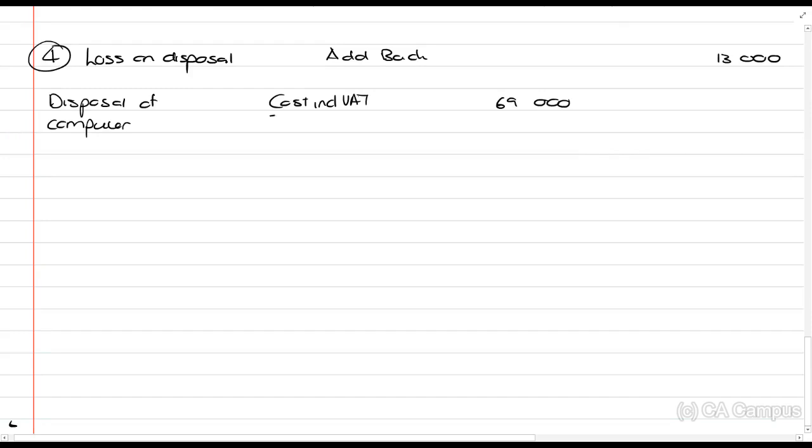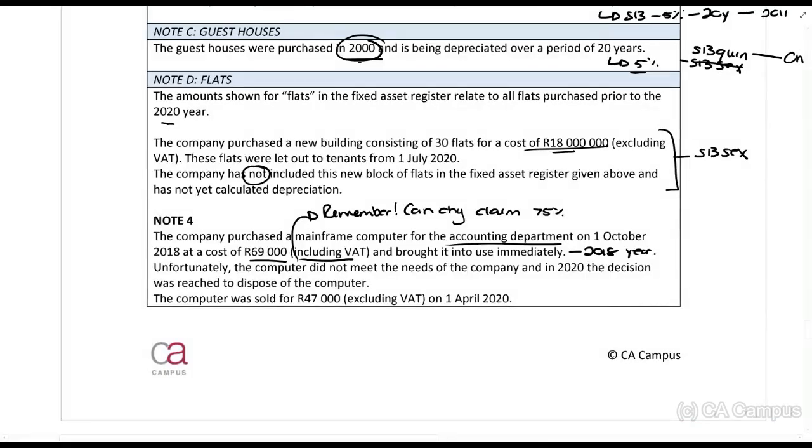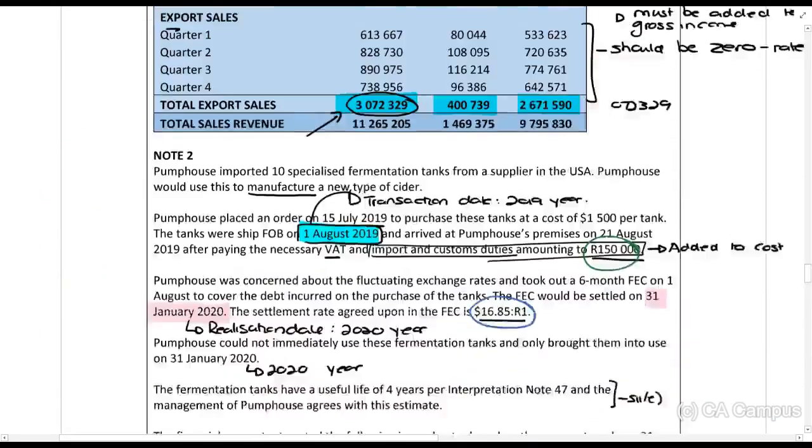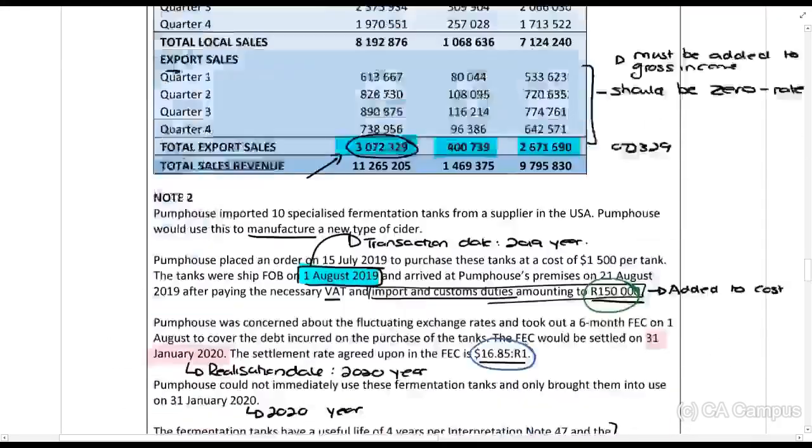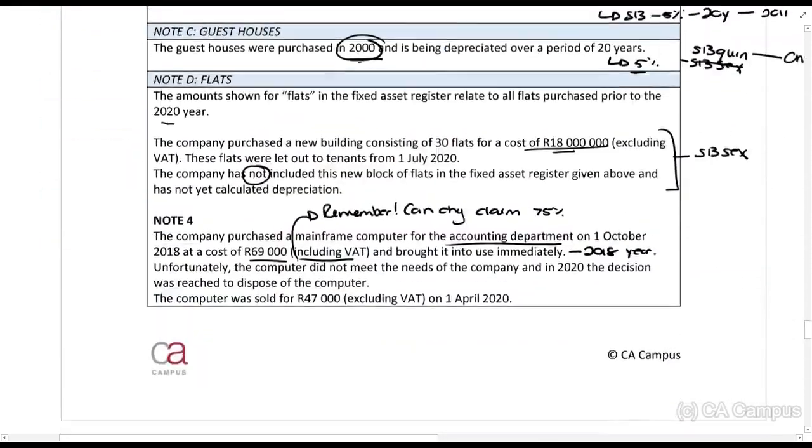How much VAT did we claim? We claimed 69,000 times 15 over 115 times 75%. Why times the 75%? Because remember, 75% is taxable of this business. 25% is exempt.